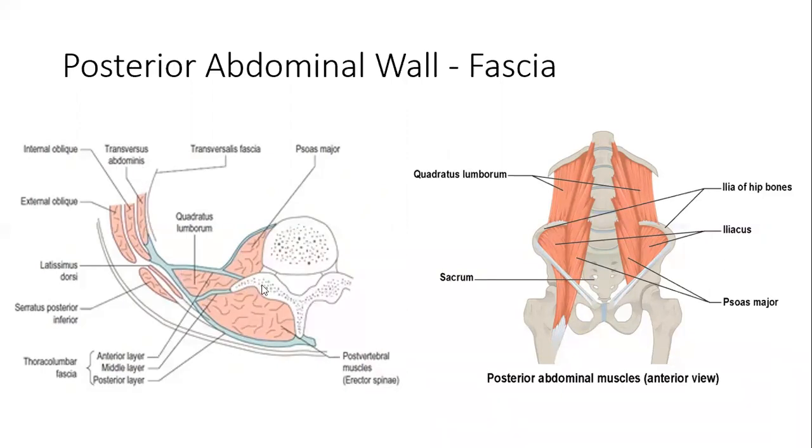So you can see that it is one continuous sheet, in which the thoracolumbar fascia reflects laterally and becomes continuous with the transversalis fascia, and it extends up till the anterolateral attachments of the transversus abdominis and internal oblique, but it doesn't extend up to the external oblique muscle.